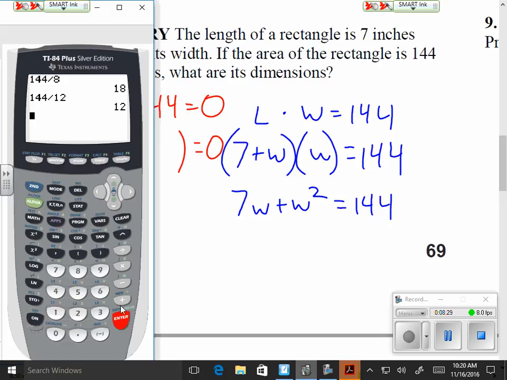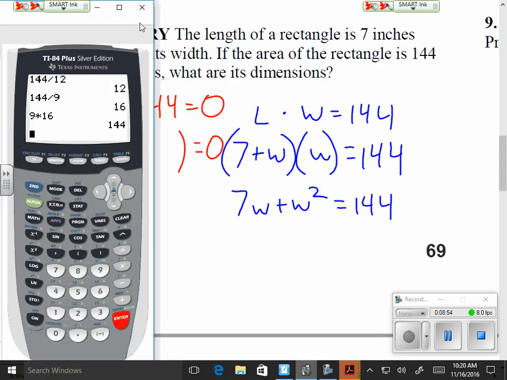Oh yes, it's 12 and 12. All right. What about 9? 9 and 16. So 144 is the same as 9 times 16.